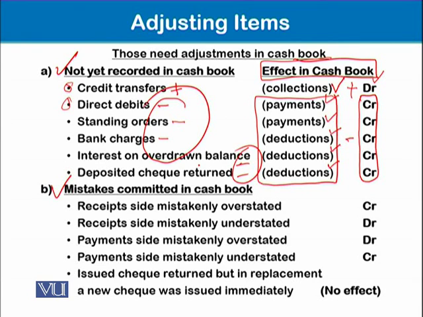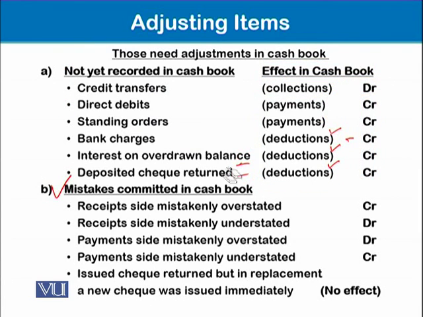Well, the next thing is that there could be some mistakes in our cash book. Those mistakes that the accountant has committed in the cash book include receipt side mistakenly overstated, meaning we have put more in the debit side.